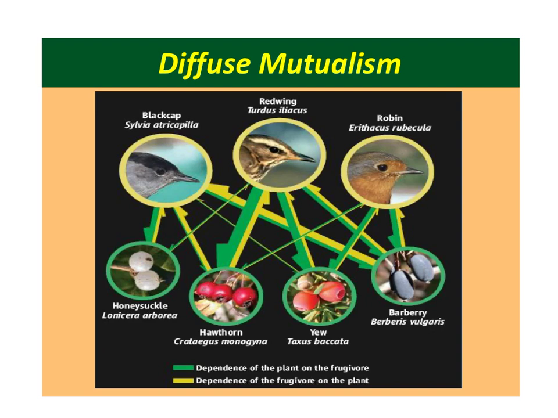Okay? On the other way around, though, the dependence on the frugivore for the plant, like the redwing eats a lot of different things. And so it eats some of this, some of that, some of that.